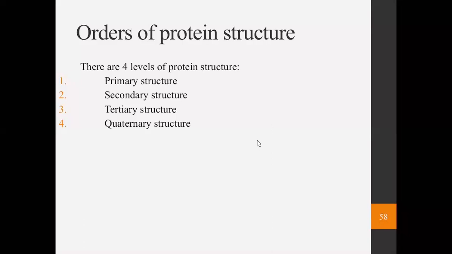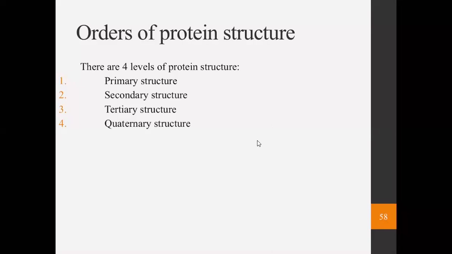It shows the heading which is known as the order of protein structure. Just like we have a hierarchy in order to explain different things, for example, organisms begin with the smallest structure, which is a cell, and a group of cells make a tissue, and a group of tissues make an organ, and a group of organs function to make a system, and a group of various systems make up an organism.